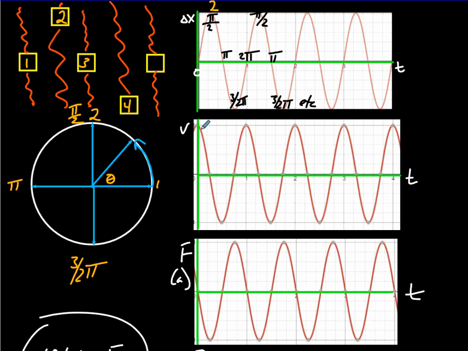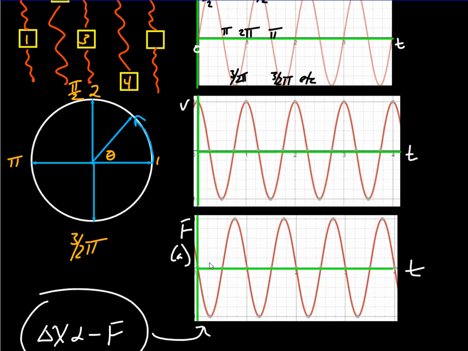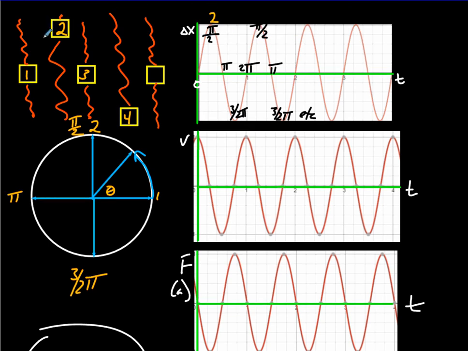As it travels upward, it slows down to 0 when it's at its max upward displacement. Then it zips back down the opposite way, so it'll have its maximum negative velocity as it passes through neutral, and so on. So if this maps to a sine, then this maps to a cos. And then the forces involved: they're maximally negative when position is maximally positive.